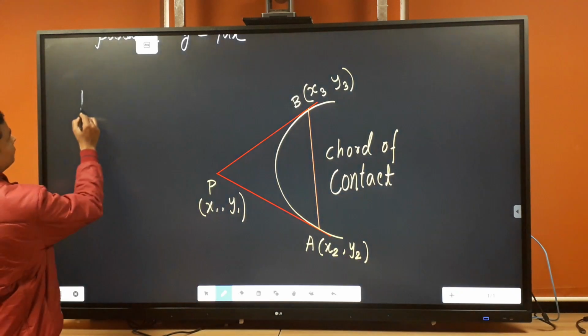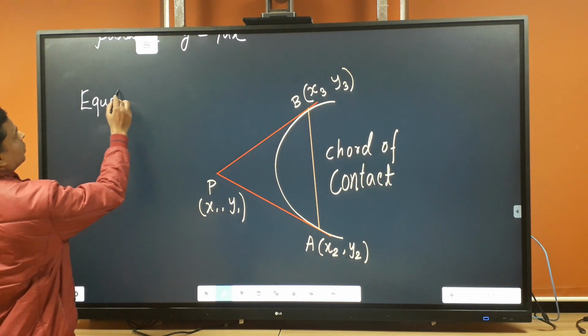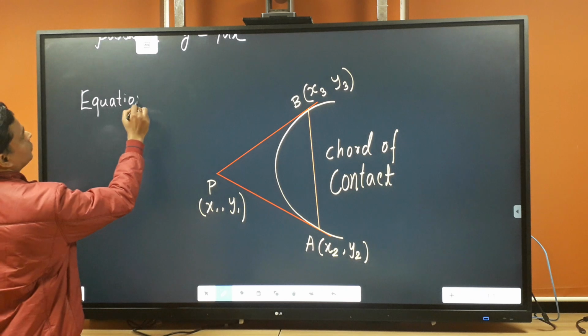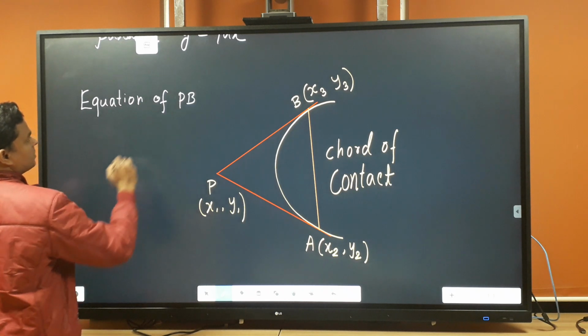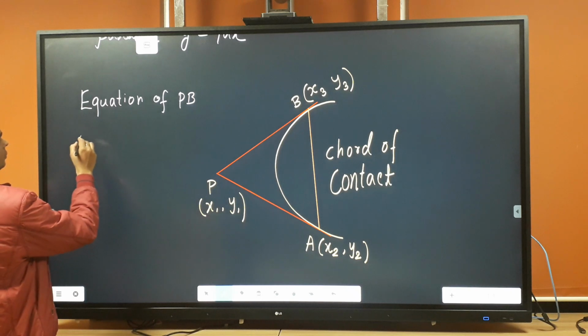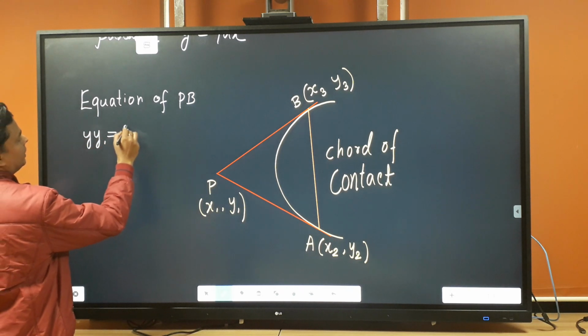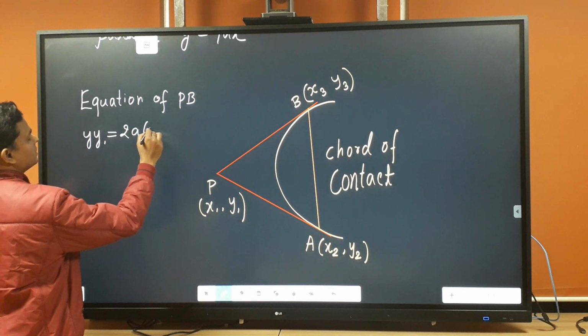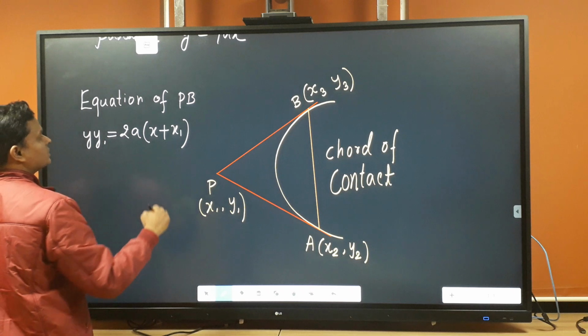Equation of PB. What is PB? It is a tangent. So y y1 is equal to 2a into x plus x1. This used to be the equation of a tangent drawn at a point x1 y1.